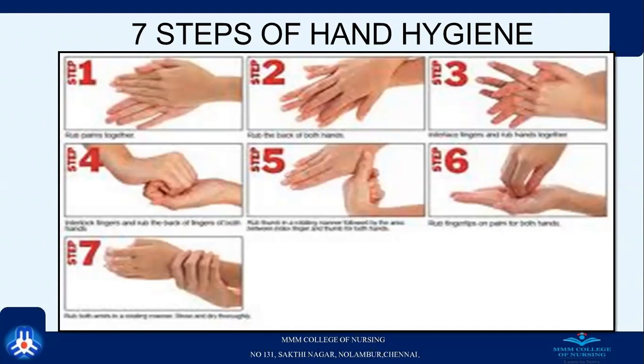Third step is interlacing, and fourth step is interlocking. Fifth step is the thumbs of both hands in a rotatory motion, and sixth step is the fingertips of both hands against the opposite palm. And then finally we finish with the wrist.